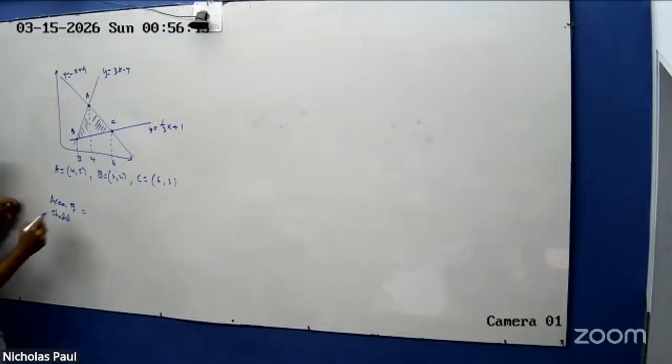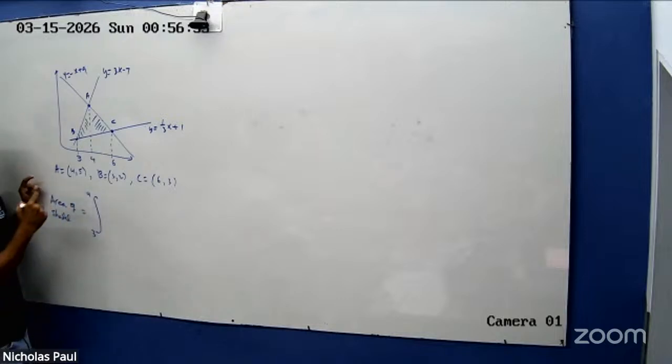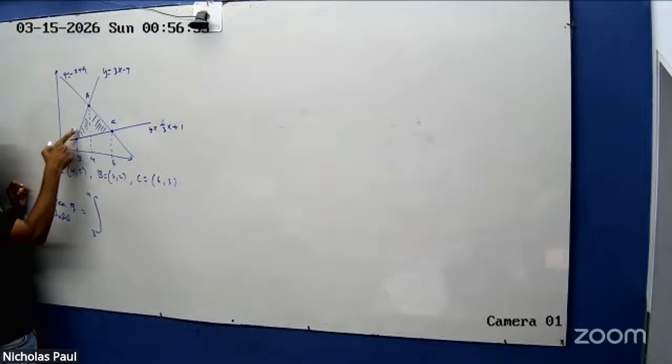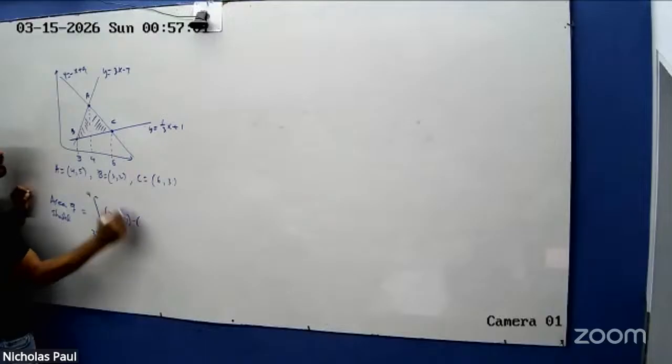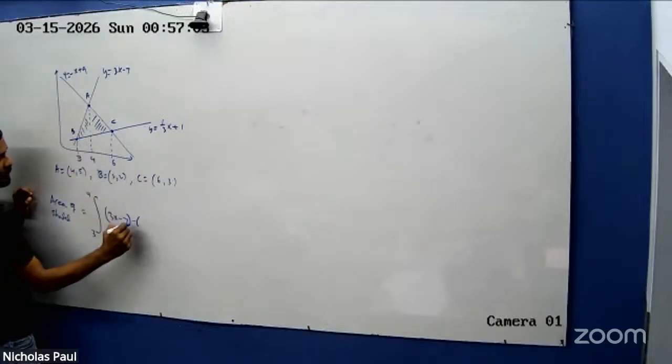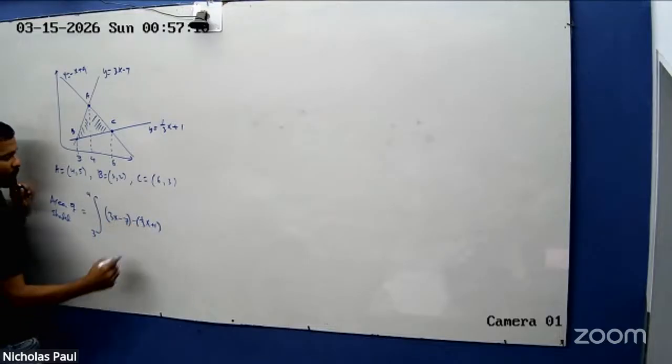Right, so it should be here already. So you're integrating between 4 and 3. Which line is on top? This one, right? So you're integrating 3x minus 7 and the one underneath, 1/3 x plus 1, with respect to x.